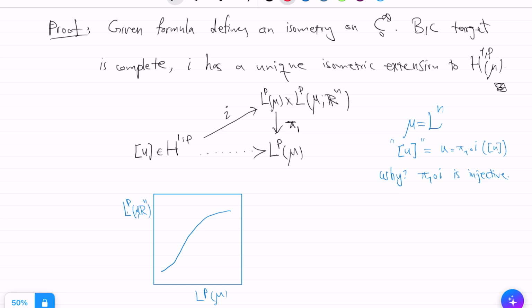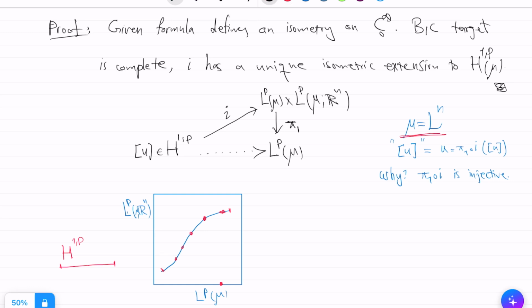So really H1P is here, and here is an isometric copy of it sitting in this Cartesian space. And pi 1 in this case, for the case of mu equal Rn, is one to one.